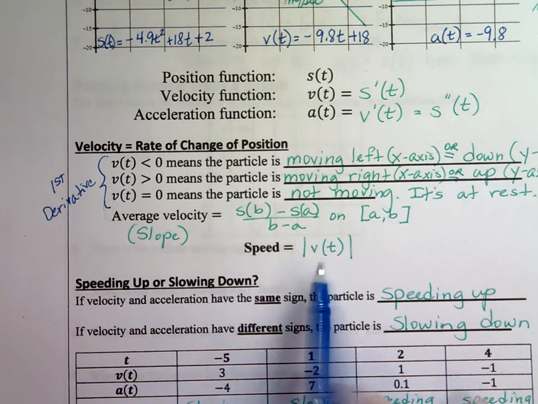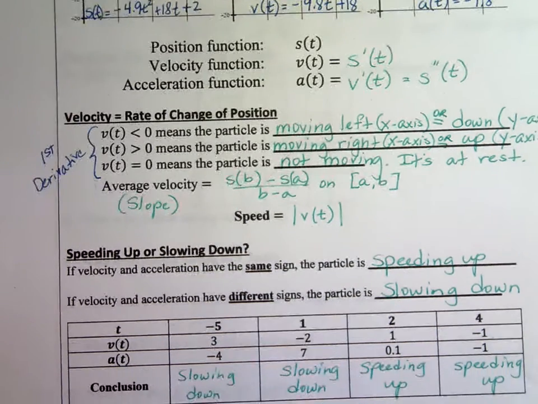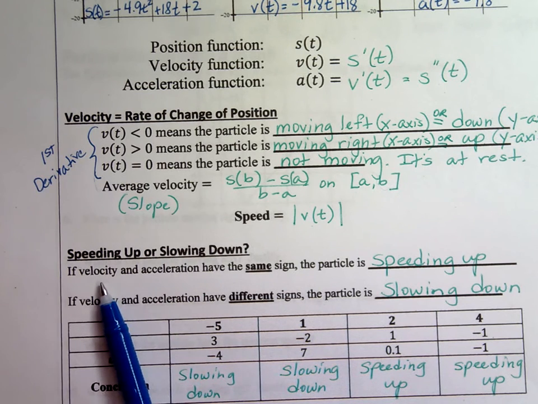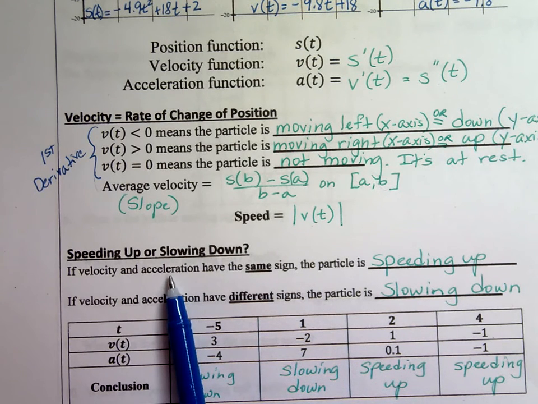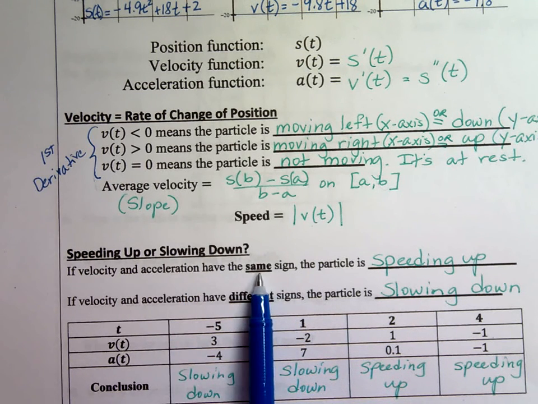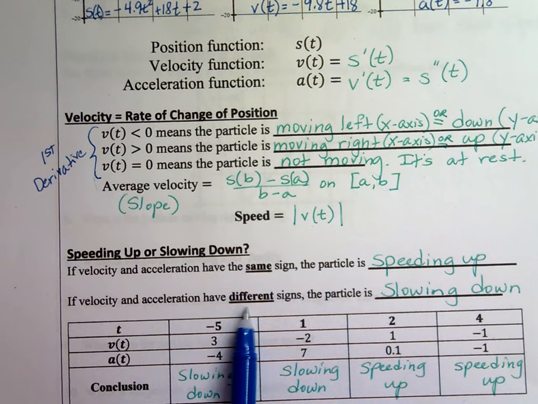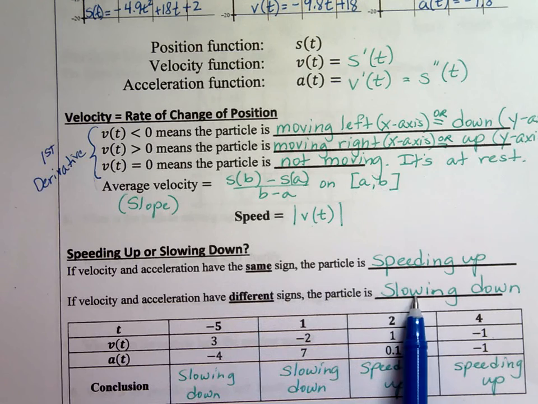Then the really last piece is they're going to ask you, is the particle speeding up or slowing down? Sometimes they'll ask you that question. And if they do, what you need to do is check the velocity and check the acceleration. If they have the same signs, in other words, if they're both positive or both negative, then it's speeding up. If the velocity and acceleration have different signs, then it's slowing down.